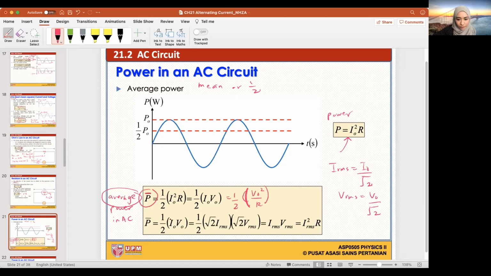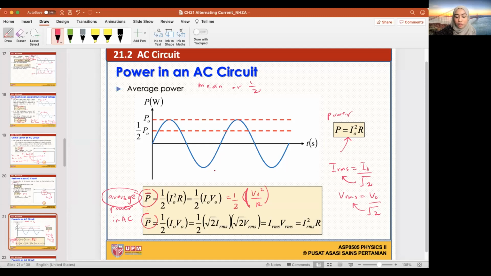I naught equals square root 2 IRMS, and V naught is equal to square root 2 VRMS. So square root 2 times square root 2 just becomes 2, and 2 with 2 cancels out. You get IRMS VRMS, or IRMS squared times R. This is a mouthful. So this still gives you the average power.